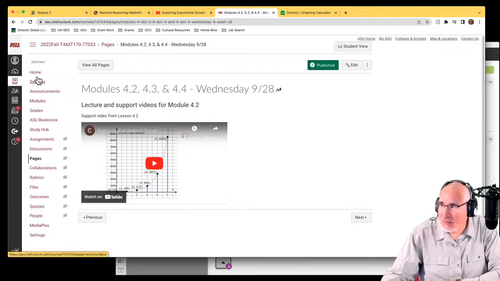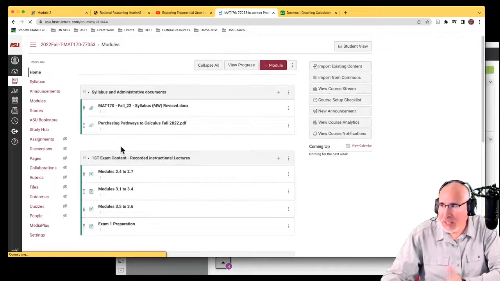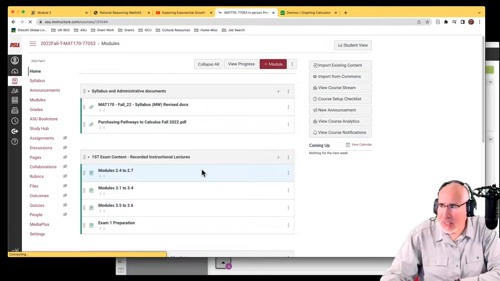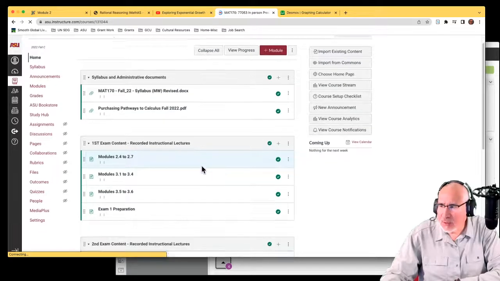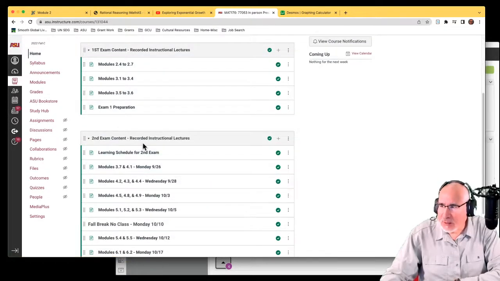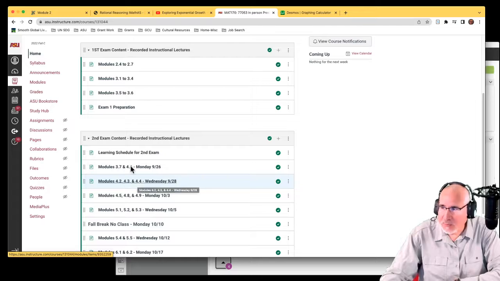All right, here's Canvas. And yeah, I did introduce this in class on Monday, but just want to make sure everyone is aware as we get to the second exam content. There is this learning schedule, and it's also embedded into the modules. So you can see on Wednesday we're doing 928. That's when we're doing 4.2, 3, and 4.